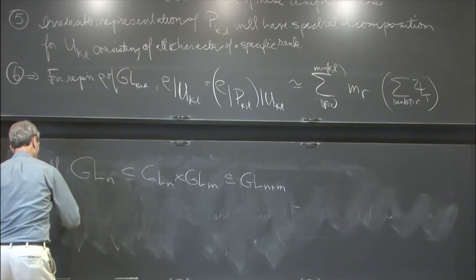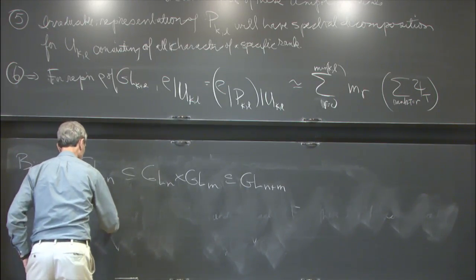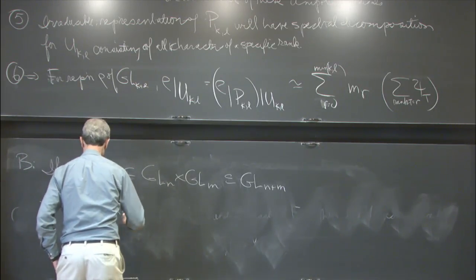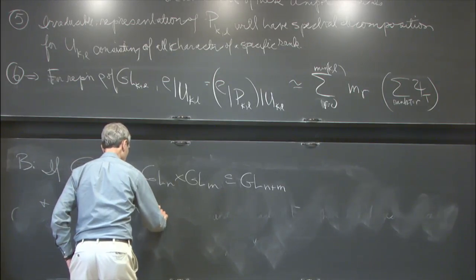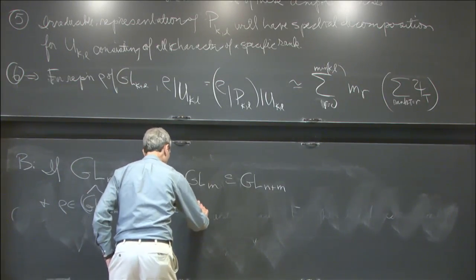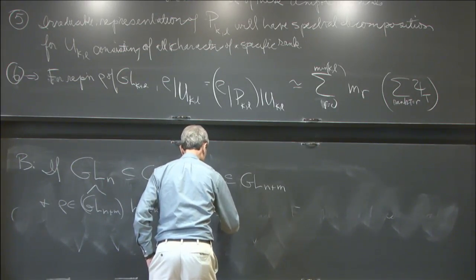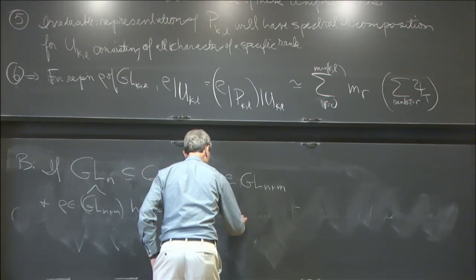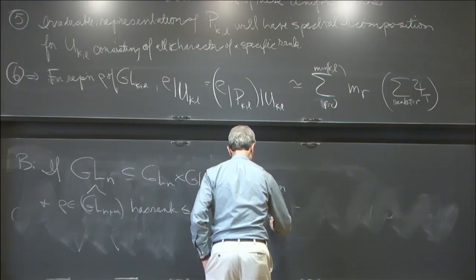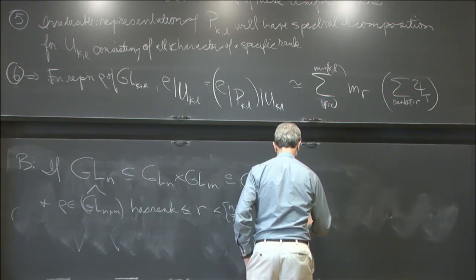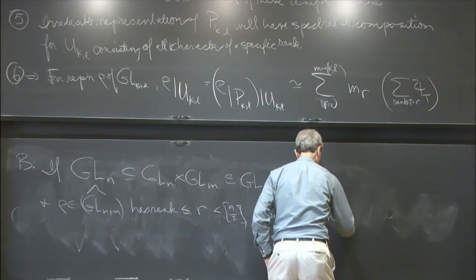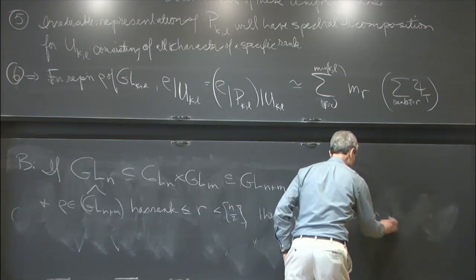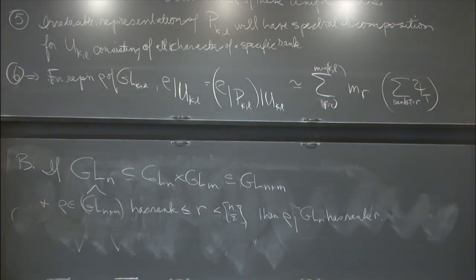and rho in GLN plus M hat has rank less than or equal to R, which is less than n over 2, then rho restricted to GLN has rank R. So representations of very big general linear groups, if you restrict them to smaller general linear groups which are block diagonally embedded, their rank stays the same.